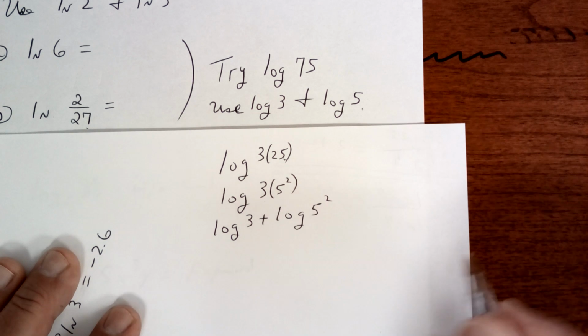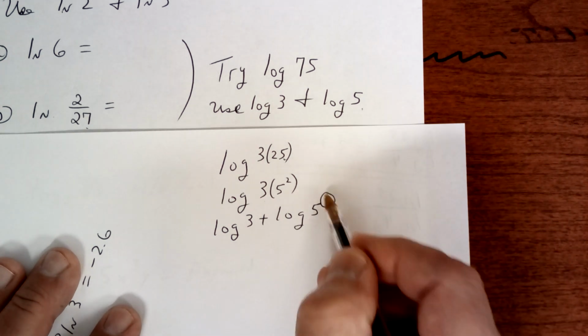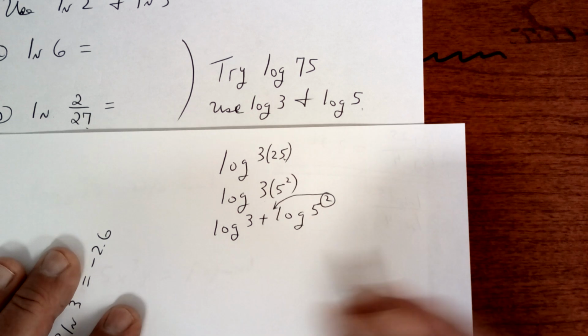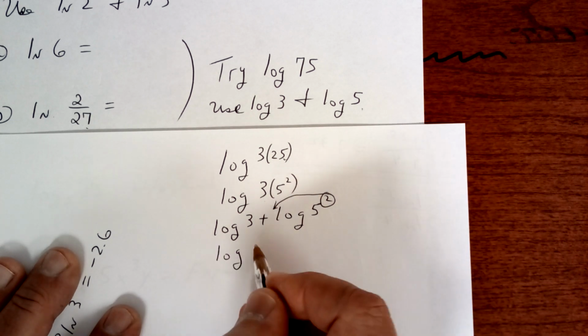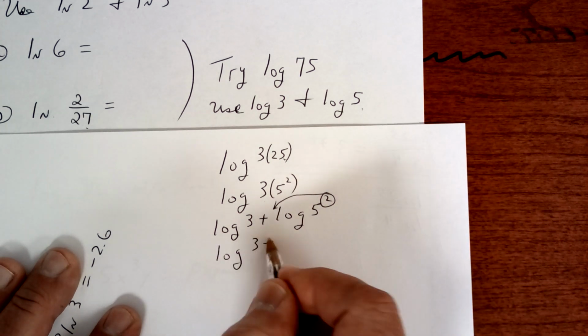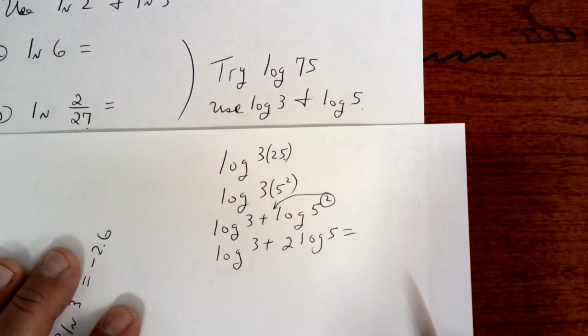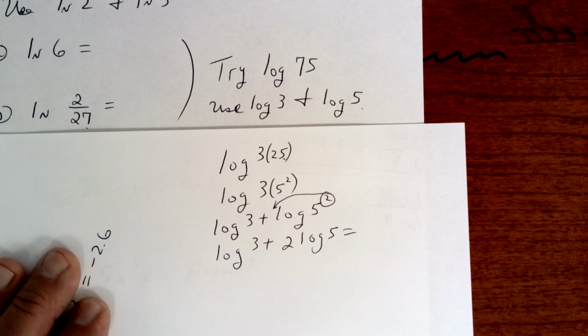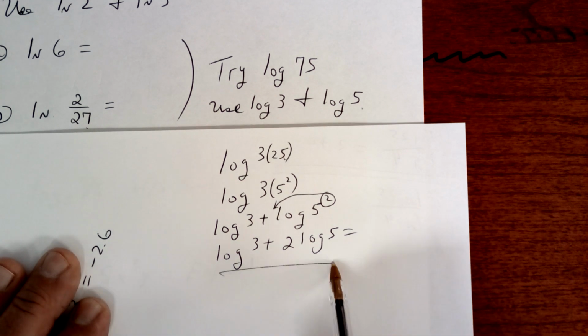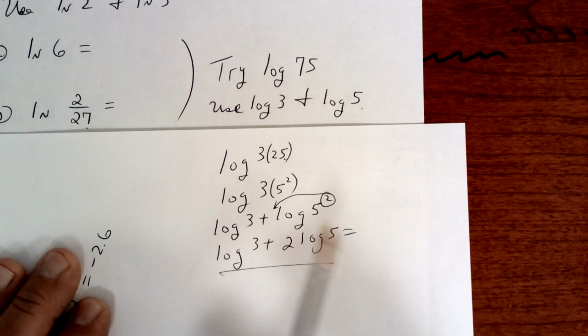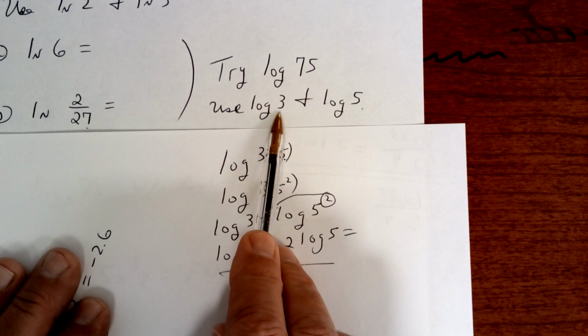And again, you're going to take the 2 and move it in the front like this. So you're going to get the common log of 3 plus 2 times a common log of 5, and then you're going to use your calculator and work it out exactly the way that is. Okay? And that's how you expand it using 3's and 5's.